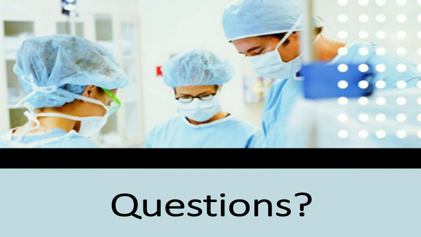Okay, our next question is, how do you define a general anesthetic? What does that consist of, and how is it administered? A general anesthetic is a state where the patient does not move or respond to a surgical stimulus. It also involves situations where the patient's breathing has to be controlled. It can be administered in two different ways, basically. One is by having the patient breathe a high concentration of gas.